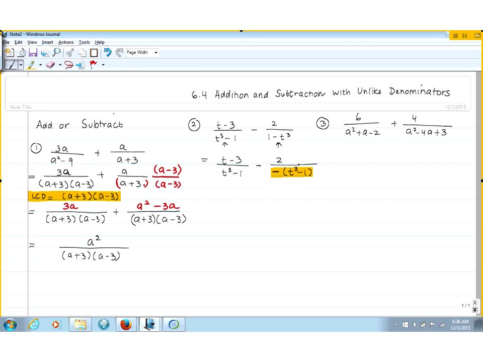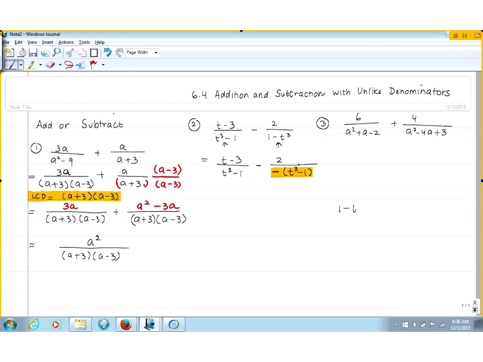So now I'm going to change the sign here. I'm going to change this to plus. I'm not going to let these negatives stay here. Why? Because then I don't have a common denominator. My goal is to have a common denominator.